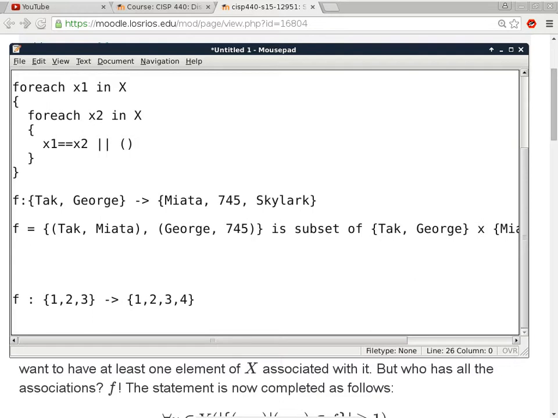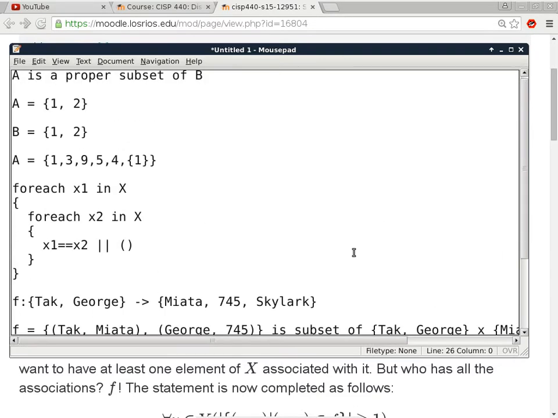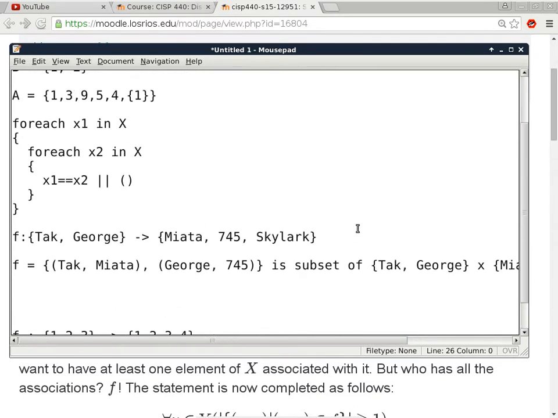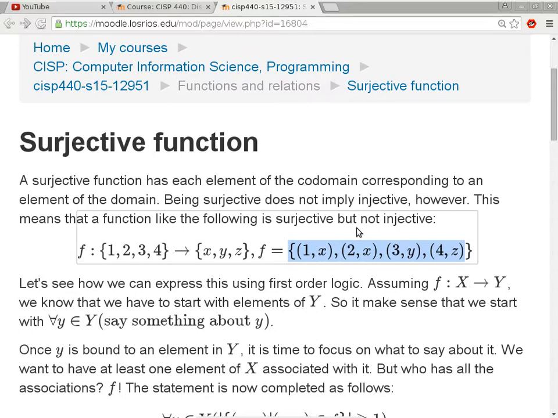No, it cannot be 1x and 1y, because if 1 maps to both x and y, then it's not even a function. Can you go back to your previous example, up here in your notes? Yep. Okay.